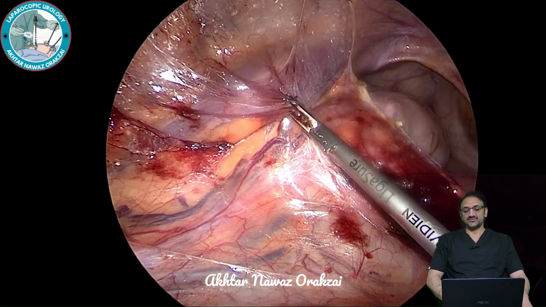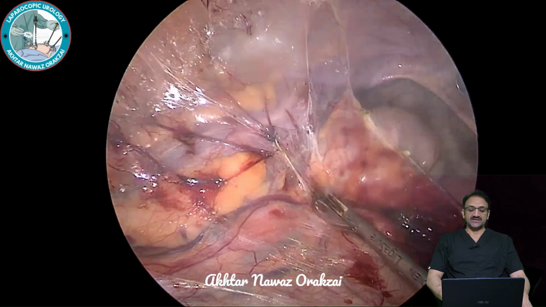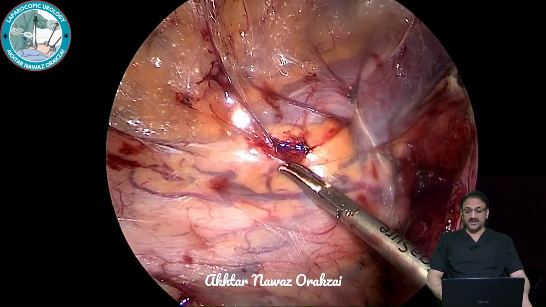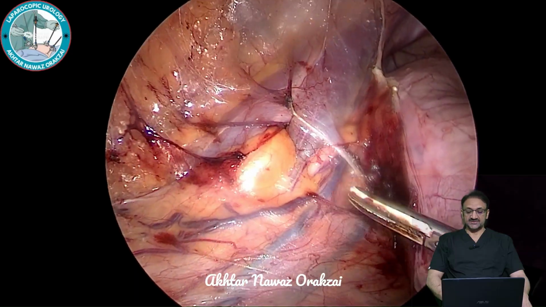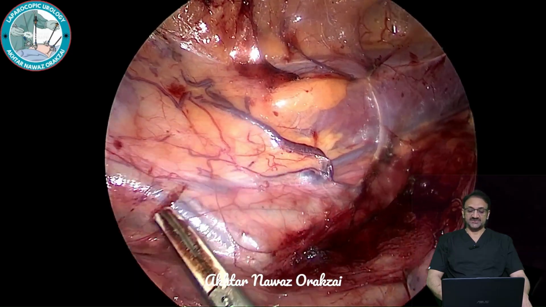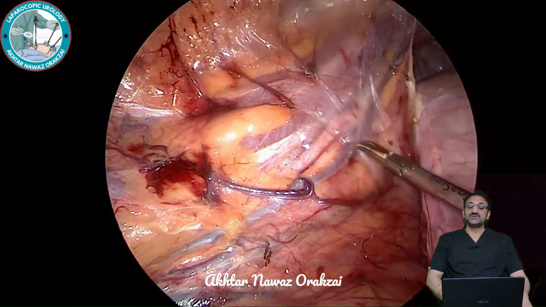on the left side. So we mobilize the colon medially, and then we identify the ureter, and then we identify the gonadal vein. Here you can see that the ureter has been identified by its peristalsis, and this seems to be the gonadal vein, but there is another vein going parallel to it, which may be a mesenteric vein.